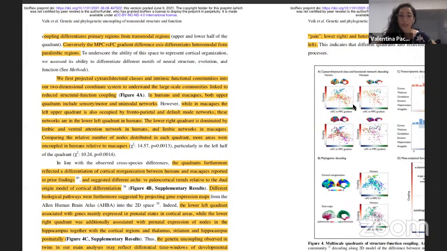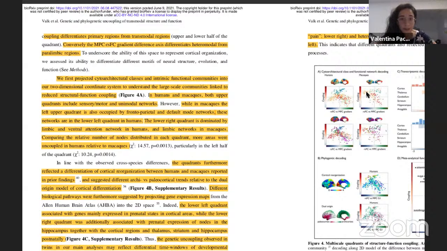And comparing human and macaques, we see that the upper quadrants both include sensory and motor unimodal networks.